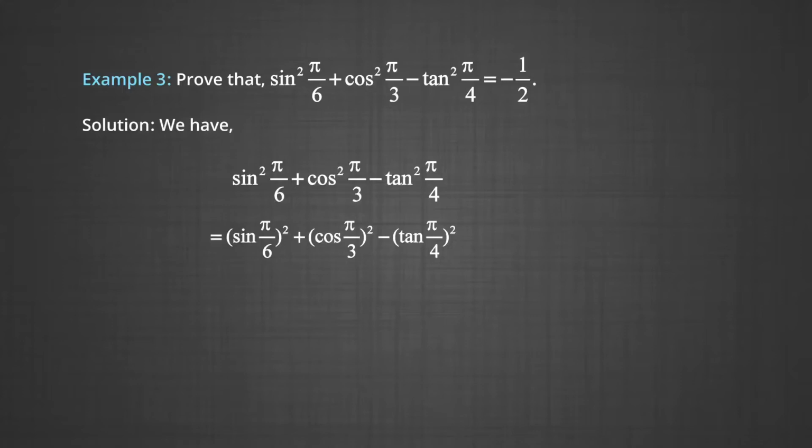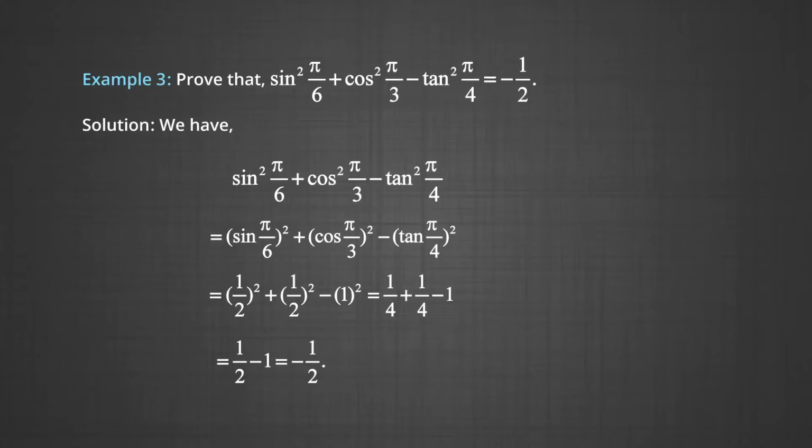Substituting their values, this is equal to 1 by 2 the whole square plus 1 by 2 the whole square minus 1 square. On simplification, this becomes 1 by 4 plus 1 by 4 minus 1, which is equal to half minus 1, equals minus 1 by 2.